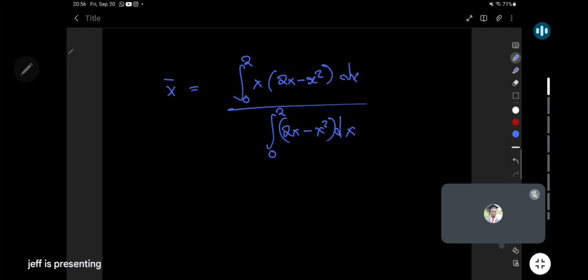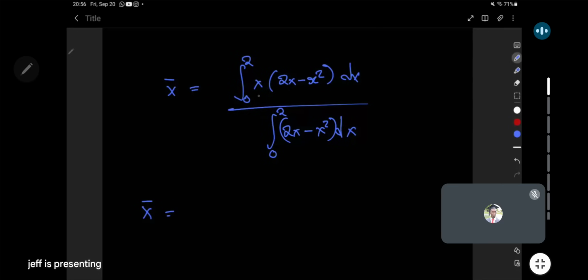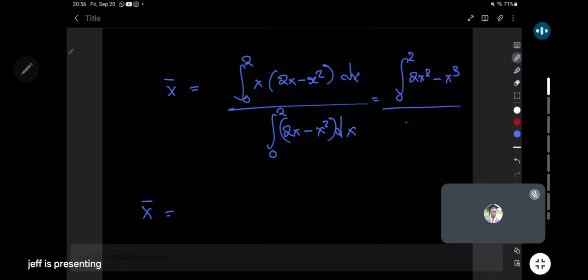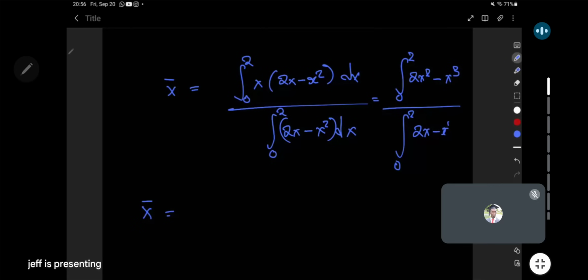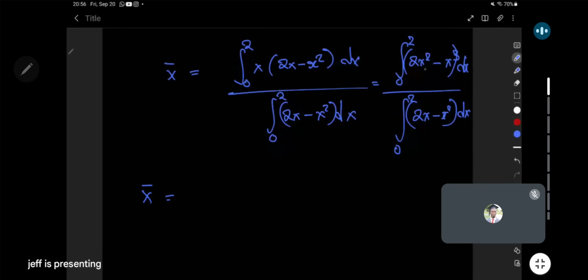Okay, so what do we have there? x bar is now equal to, numerator, distribute the x. You just say this is 0 to 2, and this is now 2x squared minus x to the power 3, over 0 to 2, 2x minus x squared dx. Let's integrate now. 2 plus 1, 3.